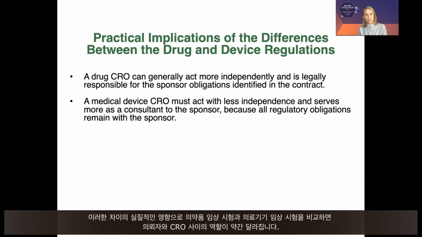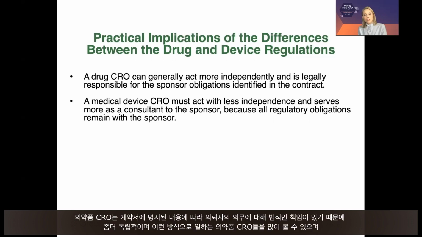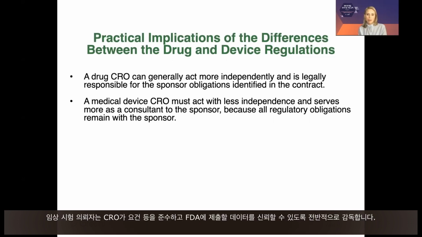So the practical implications of this, it's a slightly different dynamic between the sponsor and the CRO when talking about a drug versus a medical device trial. A drug CRO can generally act more independently because it's legally responsible for the sponsor obligations identified in the contract. And you'll see drug CROs acting in this fashion, albeit with oversight by a sponsor to ensure that requirements are otherwise being followed and that the data can ultimately be relied on in the submission to FDA.